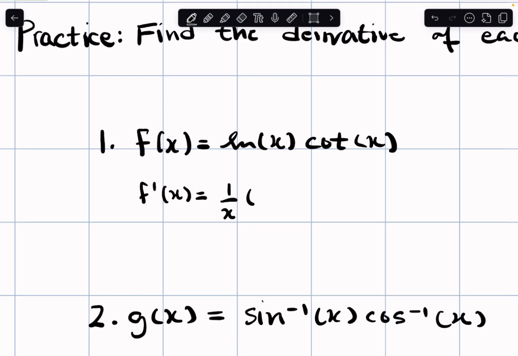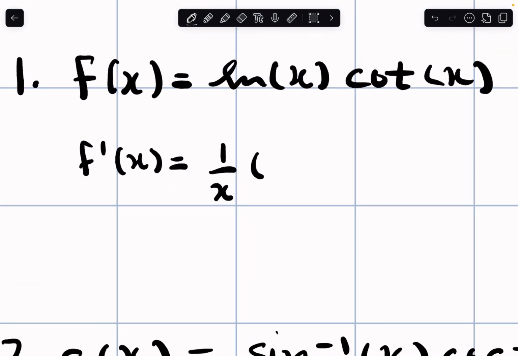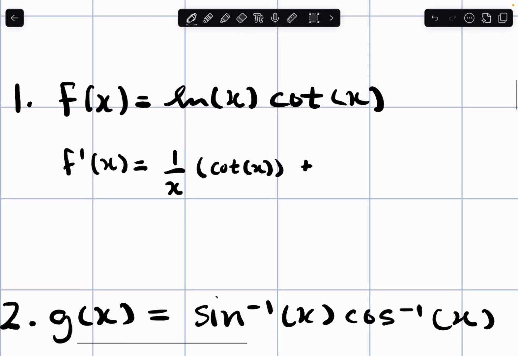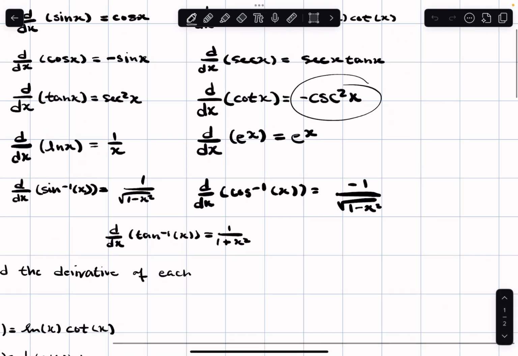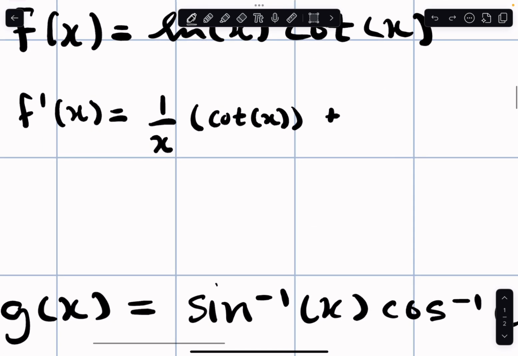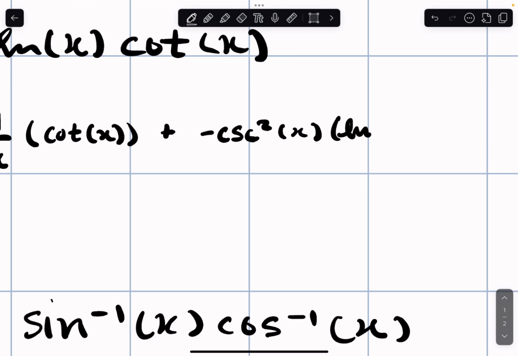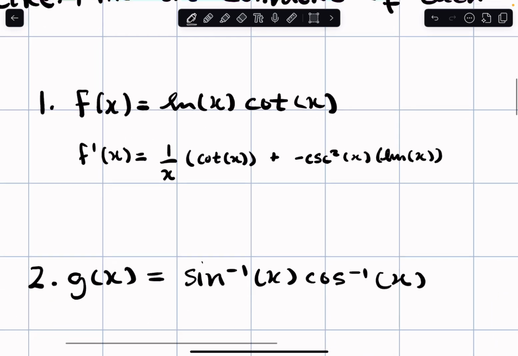Then we'll just multiply by cotangent of x, plus the derivative of cotangent of x, which is negative cosecant squared of x, shown right here. So it's going to be negative cosecant squared of x times ln of x. And that is the first one, and that's a great use of the product rule.